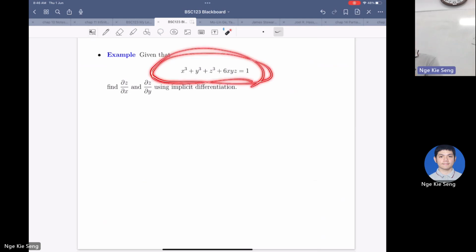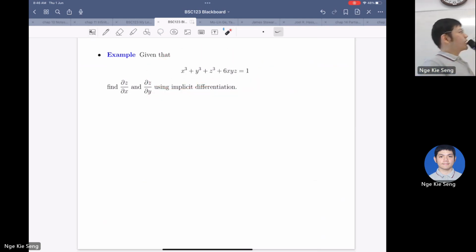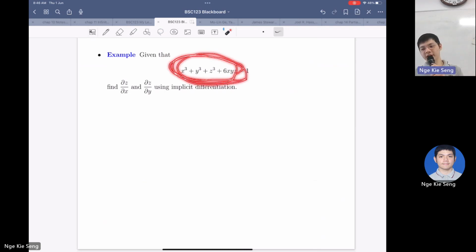What is this? This is a level surface, right? On the left is a function, but you let that function equal some constant. So you cut it.